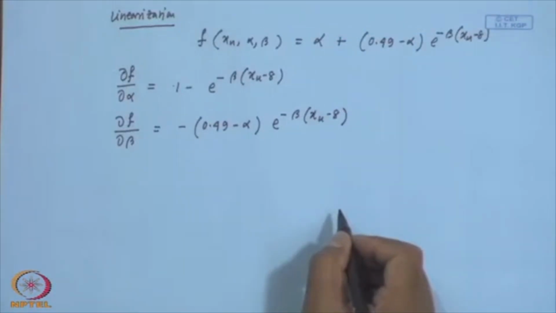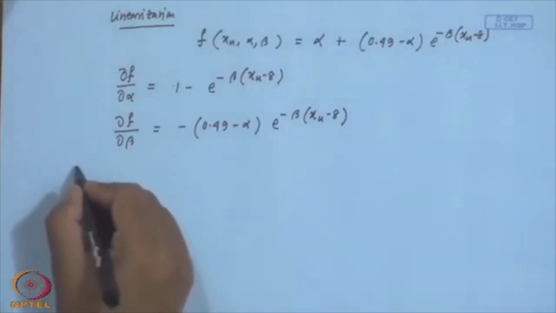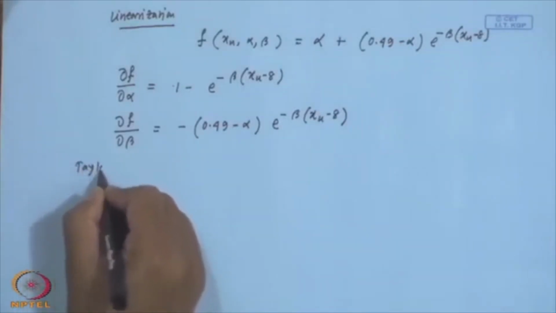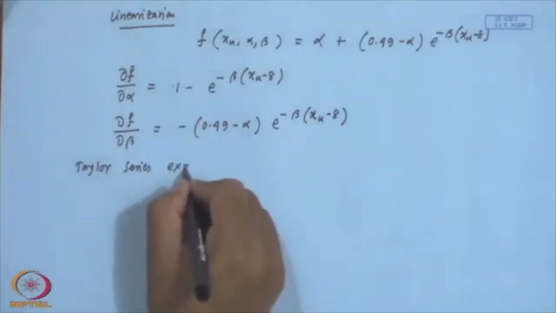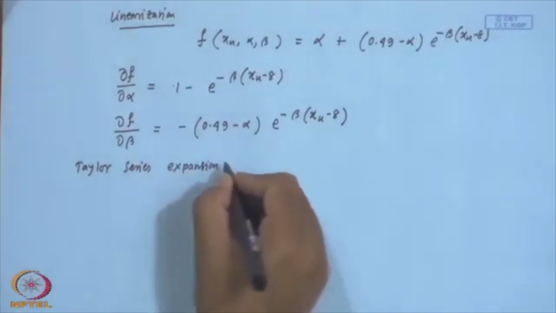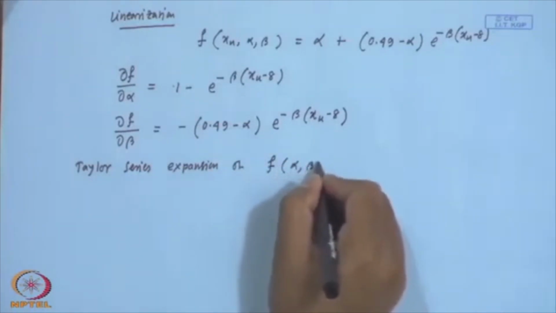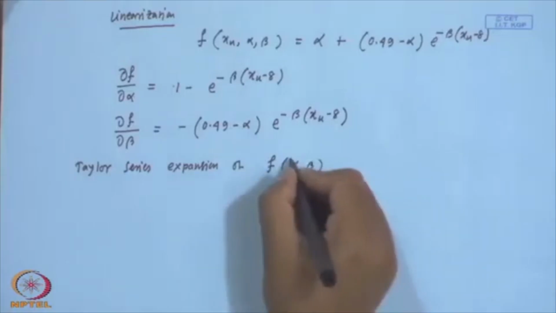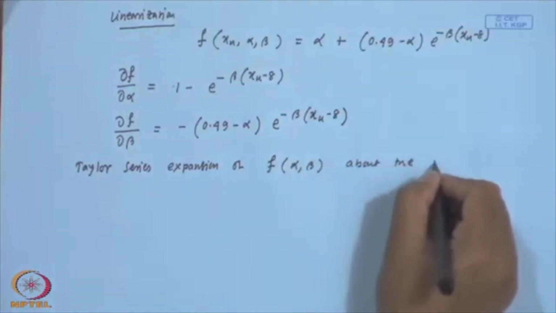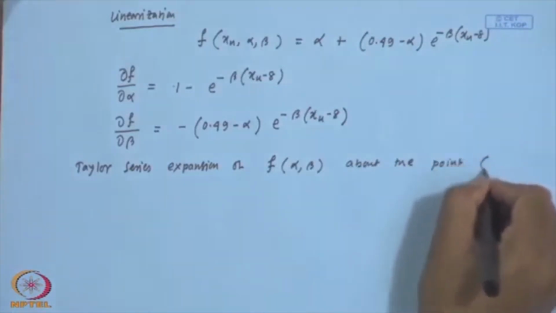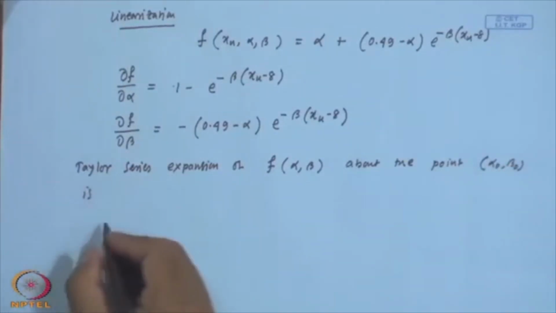Okay. Now, the Taylor series expansion of f of x_u, alpha, beta about the point alpha naught, beta naught.